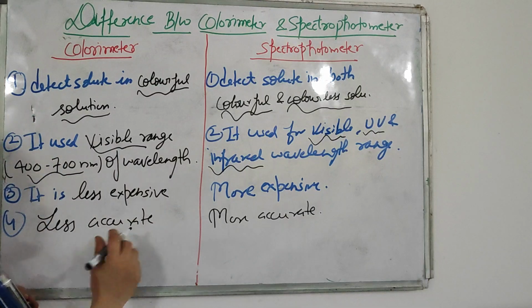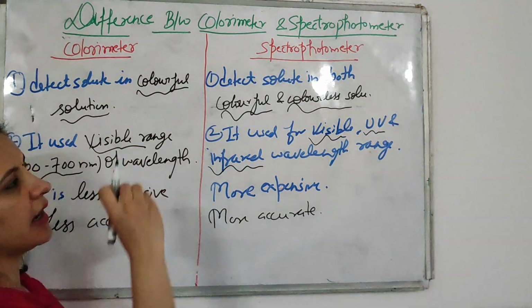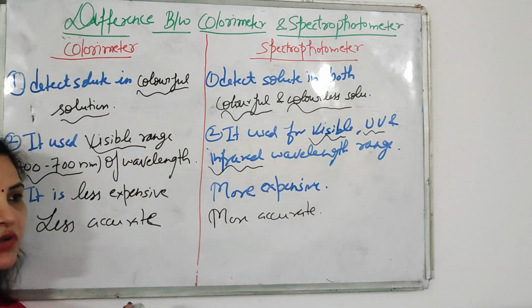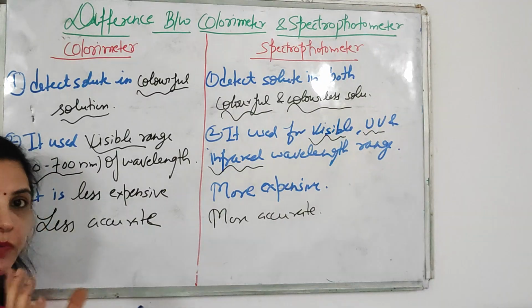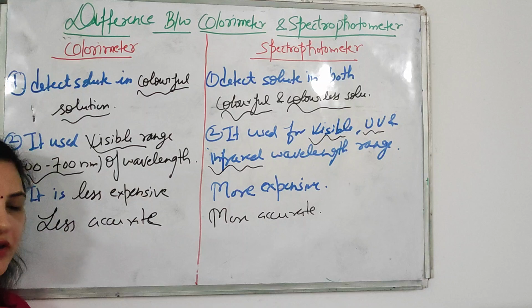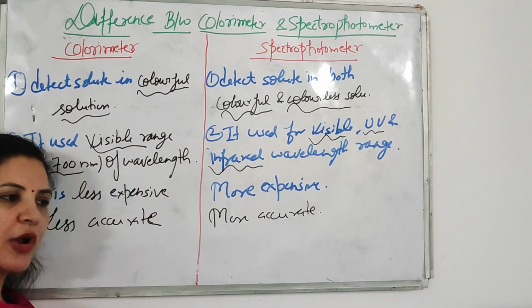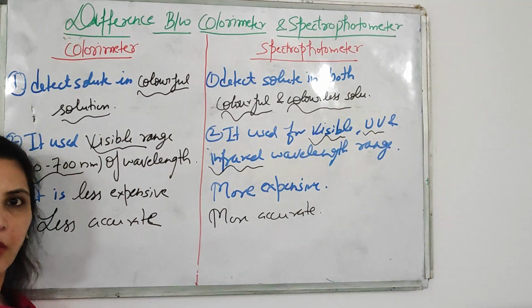Now understand why it is less accurate. Because in colorimeter we detect the solute concentration in a colorful solution only. So for colorimeter detection our solution should be colorful. And for color, maybe there is an error while you are performing your experiment, and you are not doing the heating process properly, then your color will not come properly.